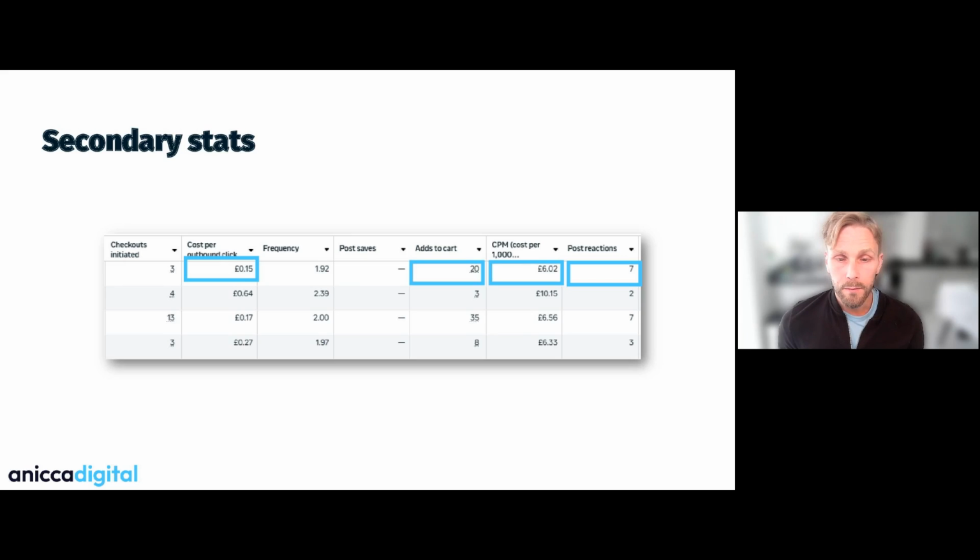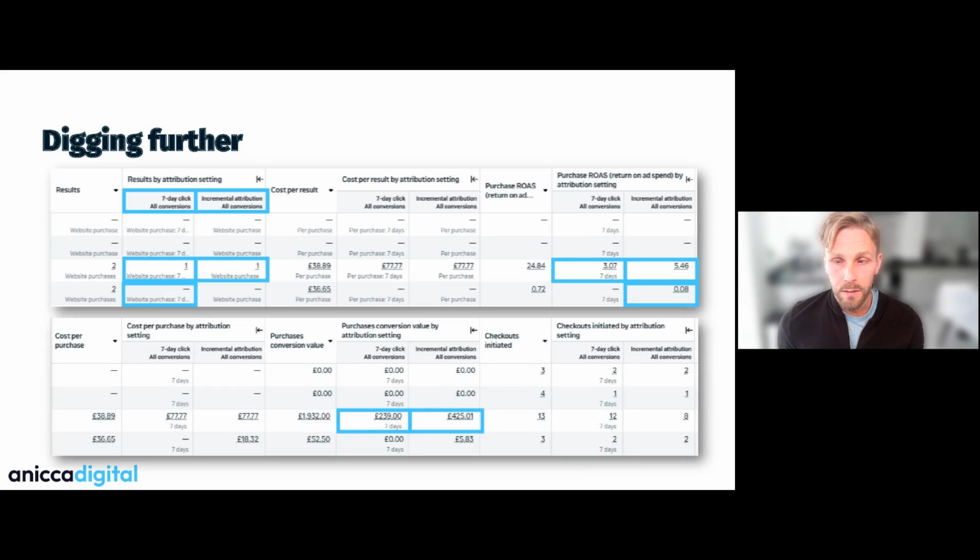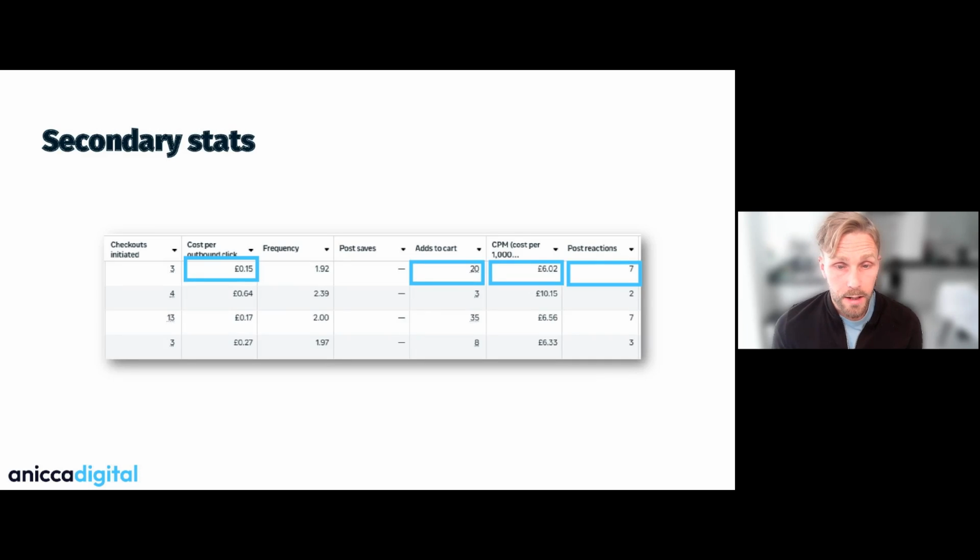And then beyond that, we look at the secondary stats, because you can see the top two are still at 0 when it comes to the sales here. But then we look at the secondary stats, and all of a sudden the top one, the cost per outbound click, is actually the lowest out of all of them, which makes you think there might be something there. You can also see that the ads to cart is quite high.